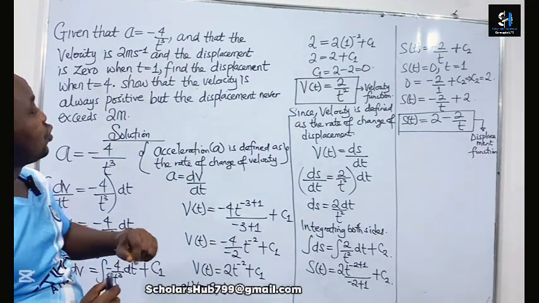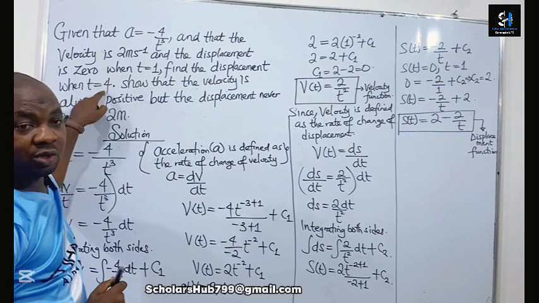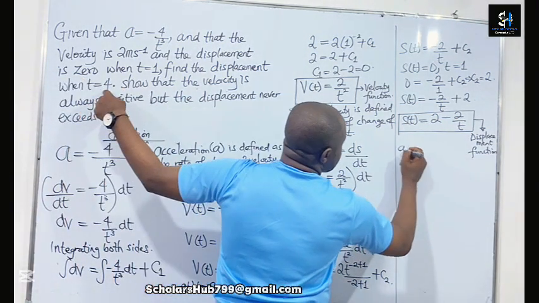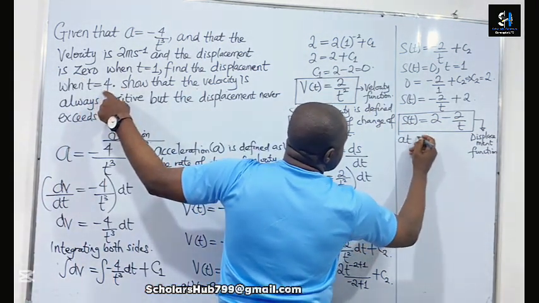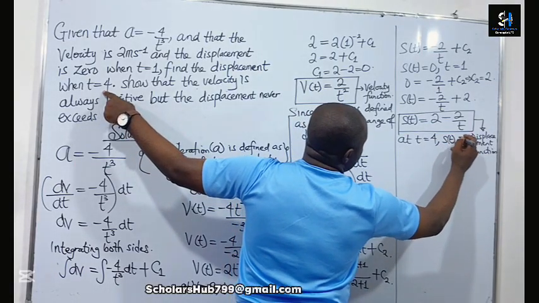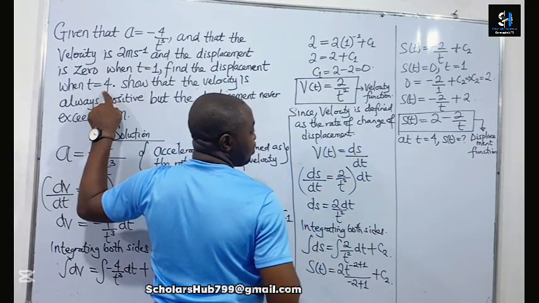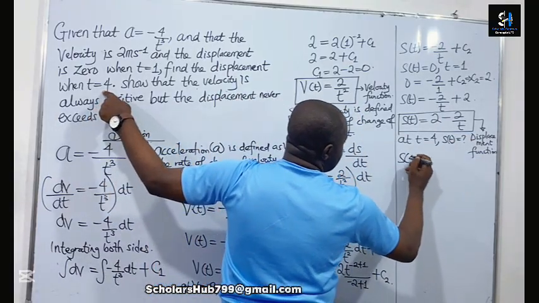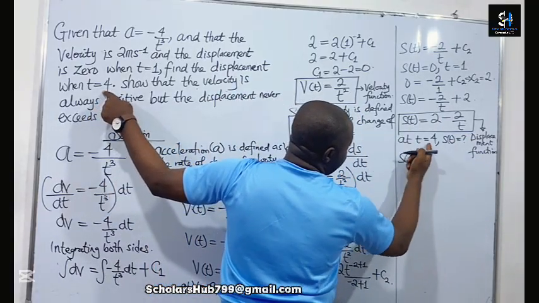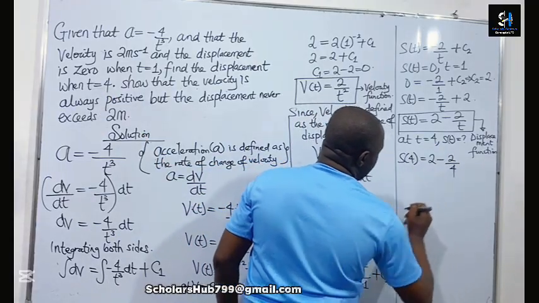Now another question we are asked is that we should find the displacement when t is equal to 4. So at t equals 4, we want to know the value of the displacement. So S of 4, because now we have the value of t to be 4, will be equal to 2 minus 2 over 4.